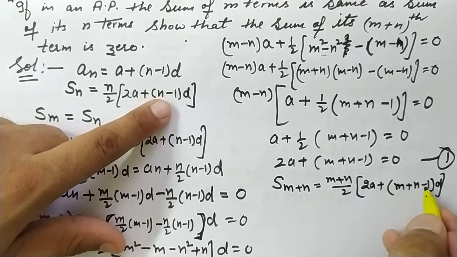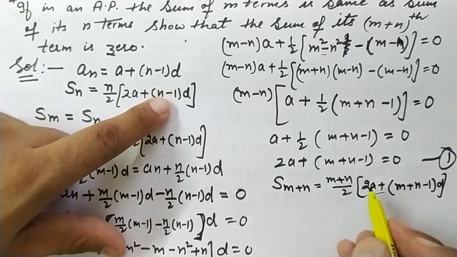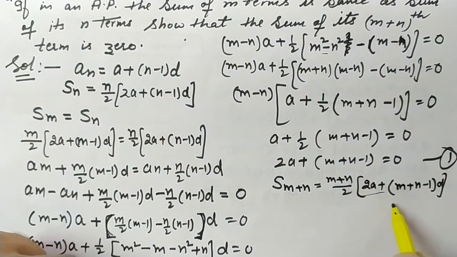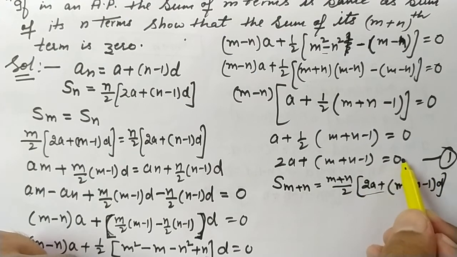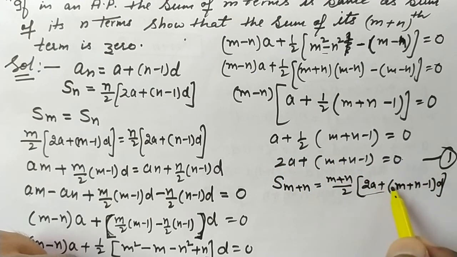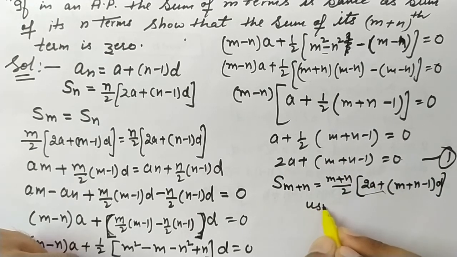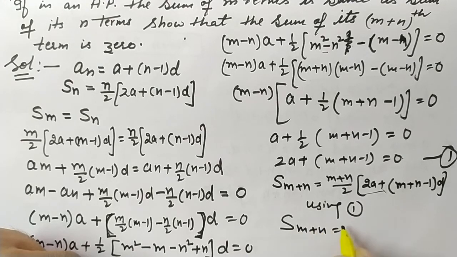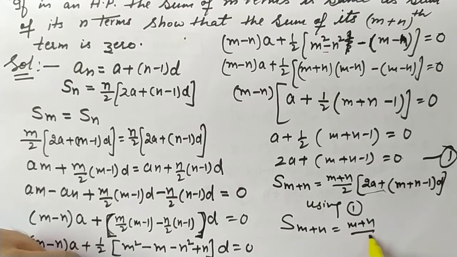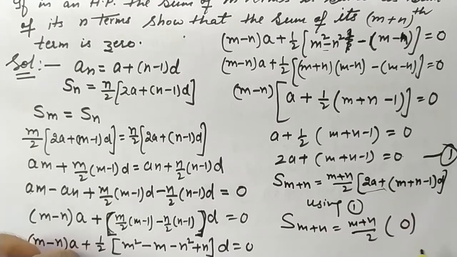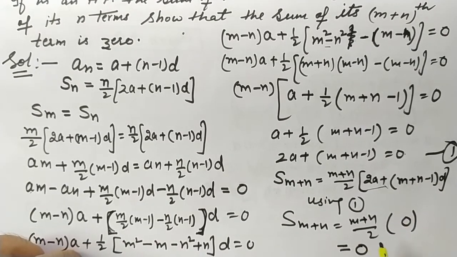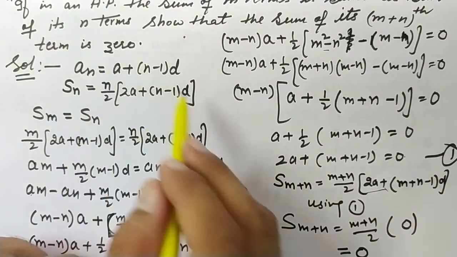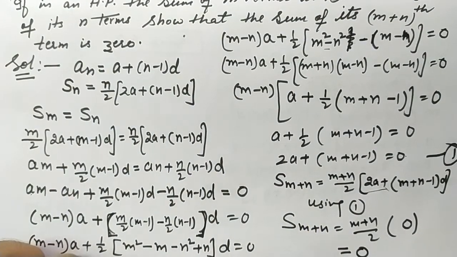If we fill in the value of what is inside the bracket from equation 1, the value is 0 here. So using 1, the sum of m plus n terms is m plus n over 2 into 0 inside, so that is 0. So it is proved that this sum of m plus n terms is 0. So we will do this question.